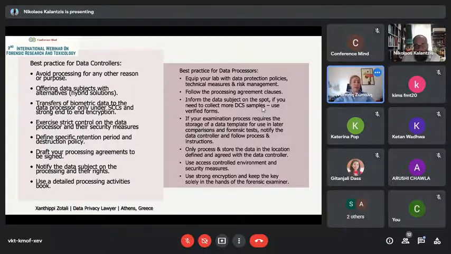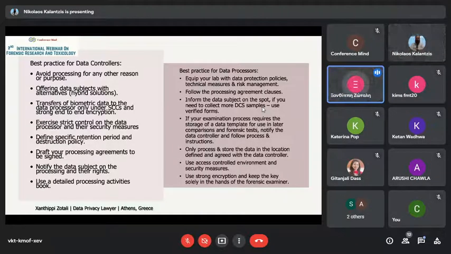And of course, when it comes to transferring and accessing the biometric data, and transferring to a data processor, all the measures of security and technical control should be there to ensure that there will be strong end-to-end encryption and exercise strict control on their data processor and their security measures.